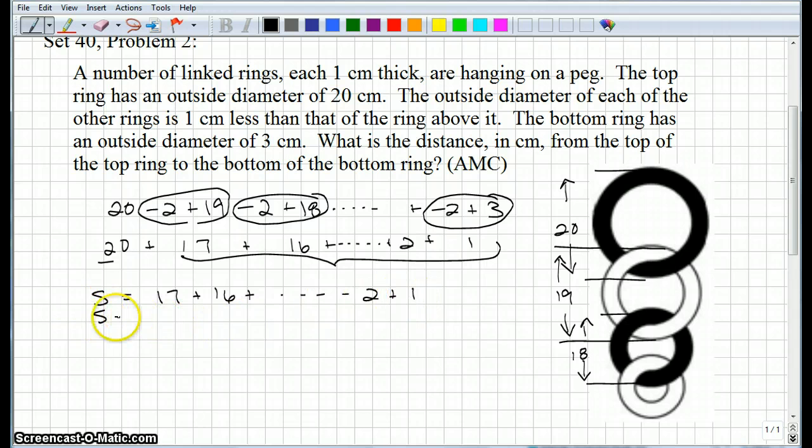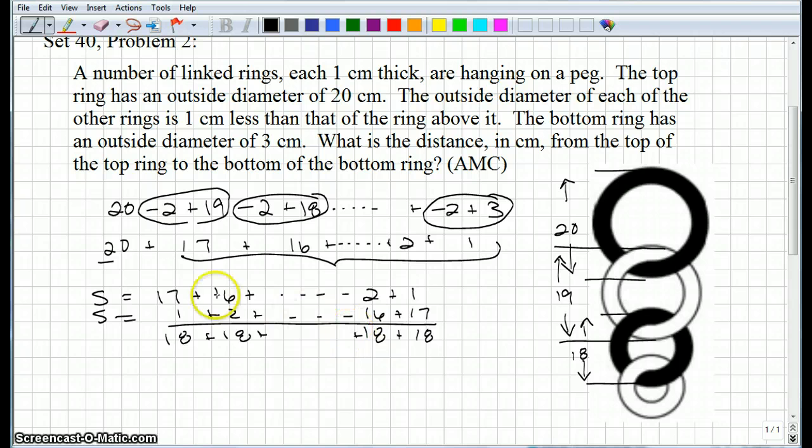And if we were to write that sum backwards, we'd have 1 plus 2 plus all the way down to 16 and 17. If you add those up, you can see all of these add up to 18. 18, 18, 18. Okay, so we're just adding a bunch of 18s together, right? And how many 18s are we adding together? We're adding 17 of them, right? Because we have 1 through 17.